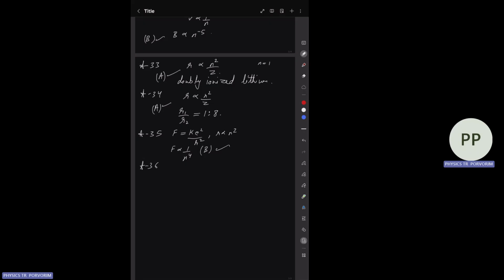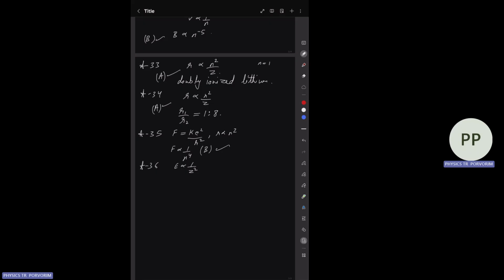36. The ratio of ionization energy of Bohr hydrogen atom and Bohr's hydrogen-like helium plus atom. Ionization energy is equal to negative of total energy. In the ground state, n is equal to 1, and energy is proportional to Z square. Whichever has more Z will have more energy.